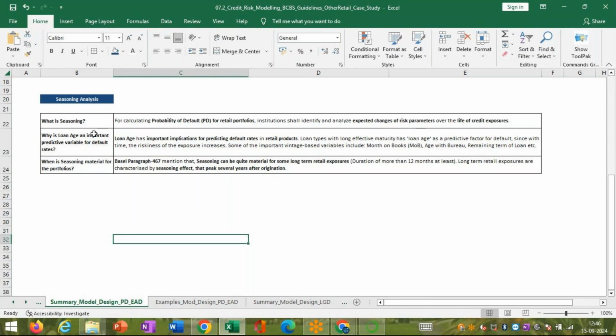So now, starting from this point, the next question is how the seasoning curve is constructed.